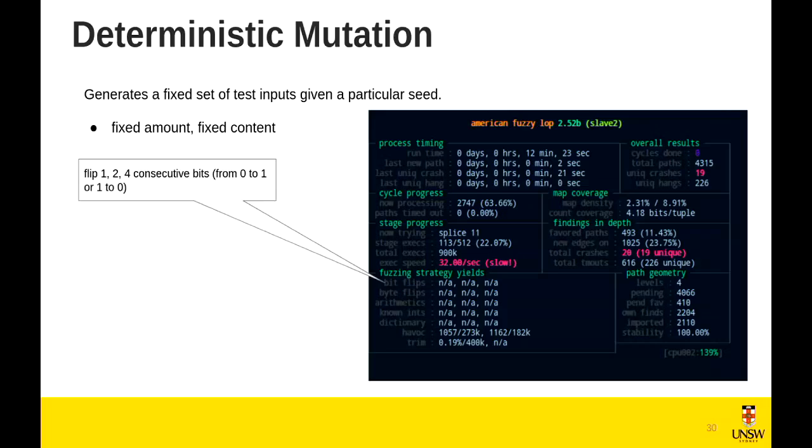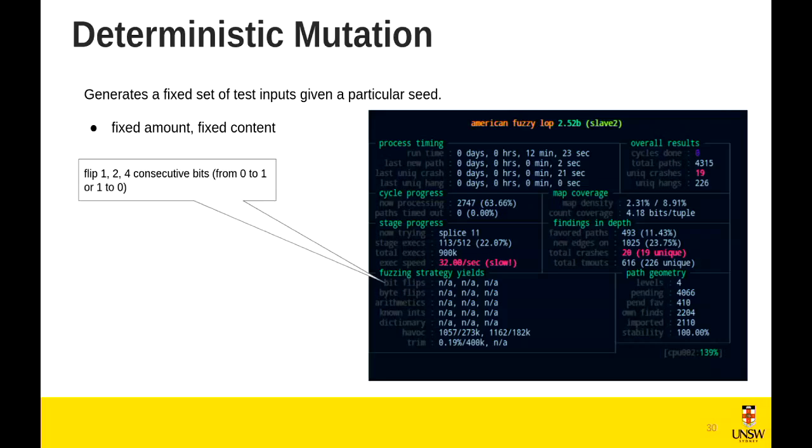Flipping means turning the value from 0 to 1 or from 1 to 0. This is deterministic because given a particular input, the way we can flip every bit is always the same, right? So this is why it is called deterministic.